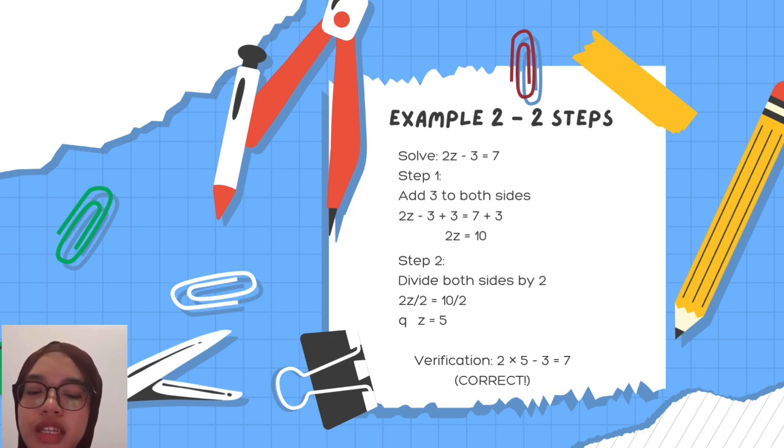Verification: 2 times 5 minus 3 equals 7. It is correct.